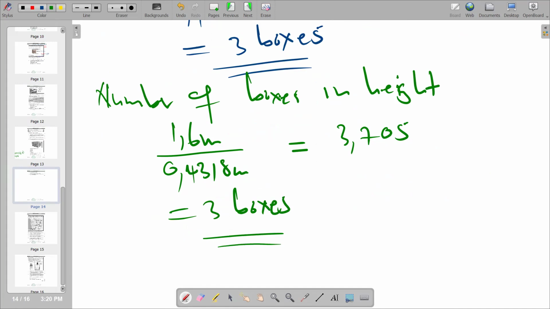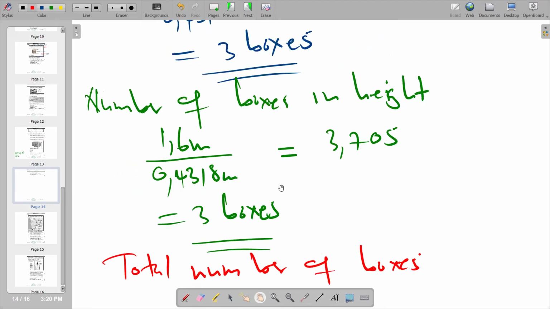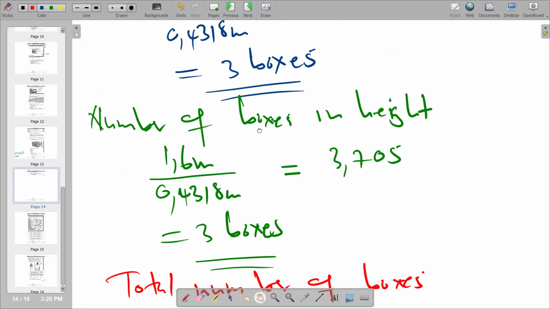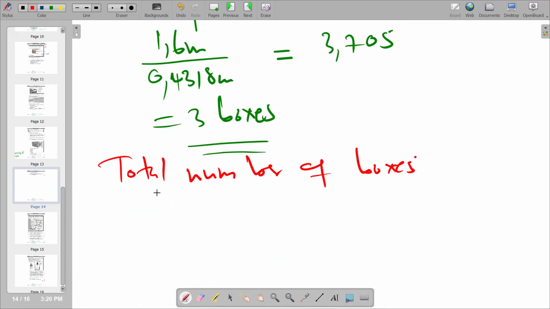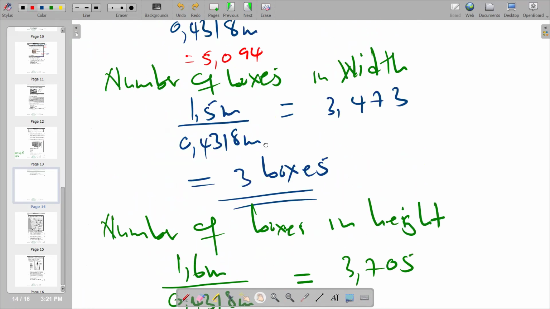So for the total number of boxes, we are saying 5 boxes, and then we multiply by 3 boxes, and then we multiply by 3 boxes.